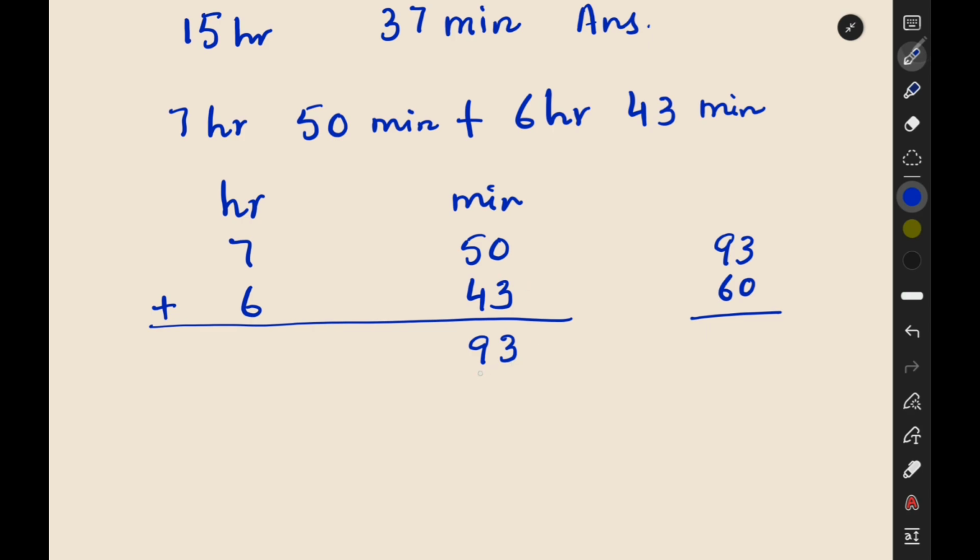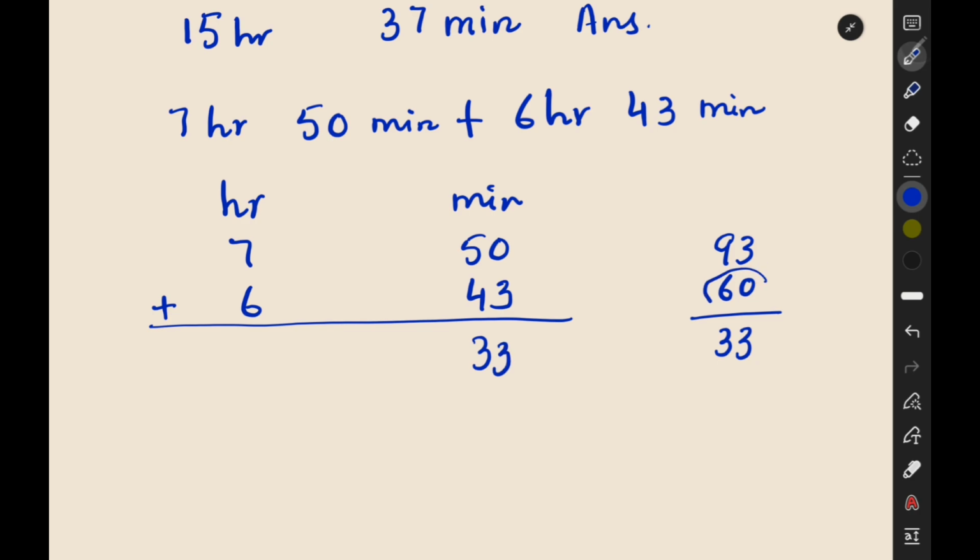After removing 60 from 93, what is left? 33. So 33 is the value which we place here instead of 93.